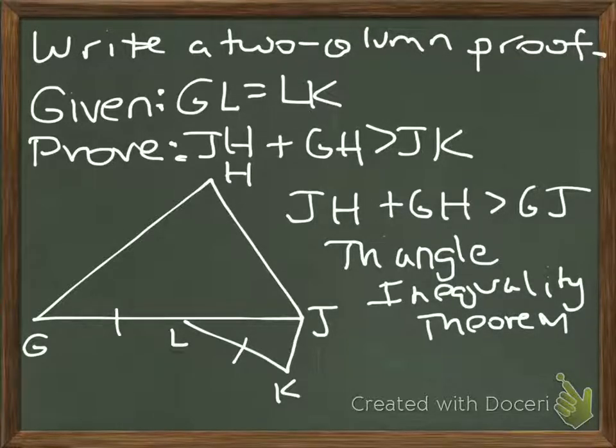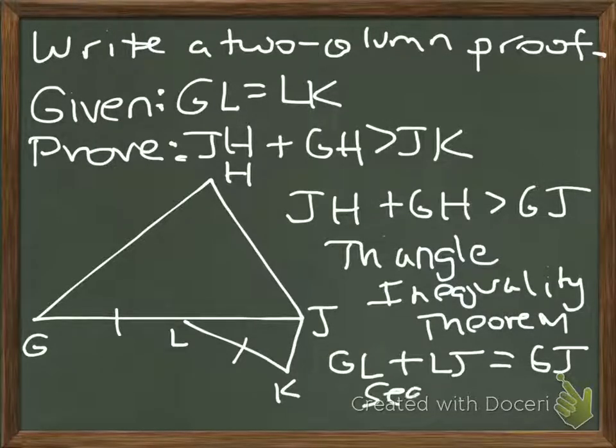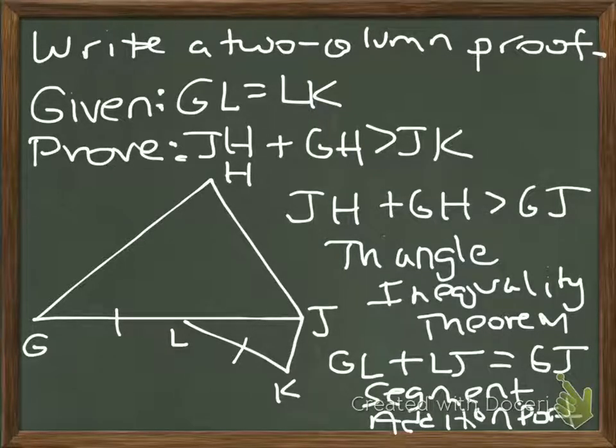And then we need to think about how we get GJ together, and that gives us, if we add GL plus LJ together, that gives us GJ, which is the segment addition postulate. The reason I'm doing this is because we want to get what we're trying to prove into our actual proof.